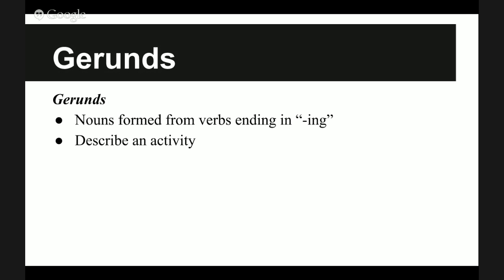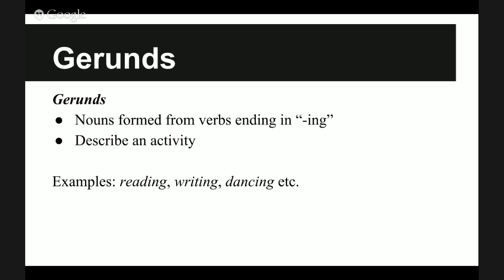One way to identify gerunds is that gerunds describe an activity. Some examples: reading, writing, dancing, jumping, walking, throwing. Those are nouns, activities formed from verbs.